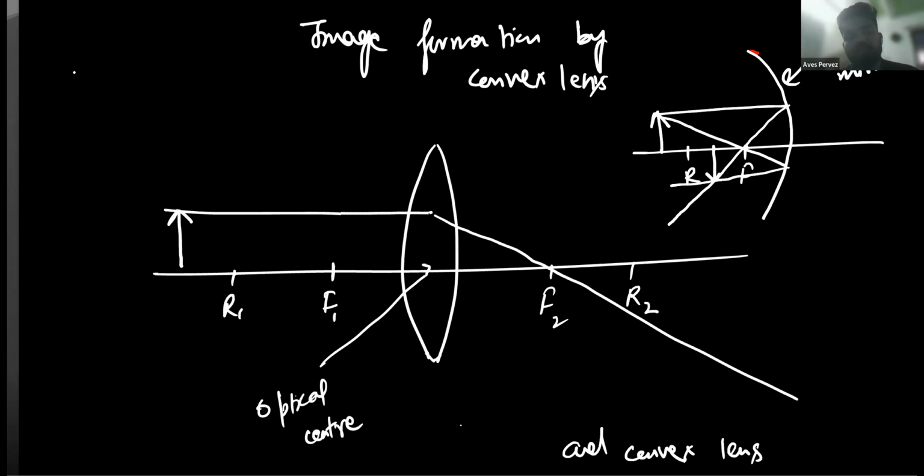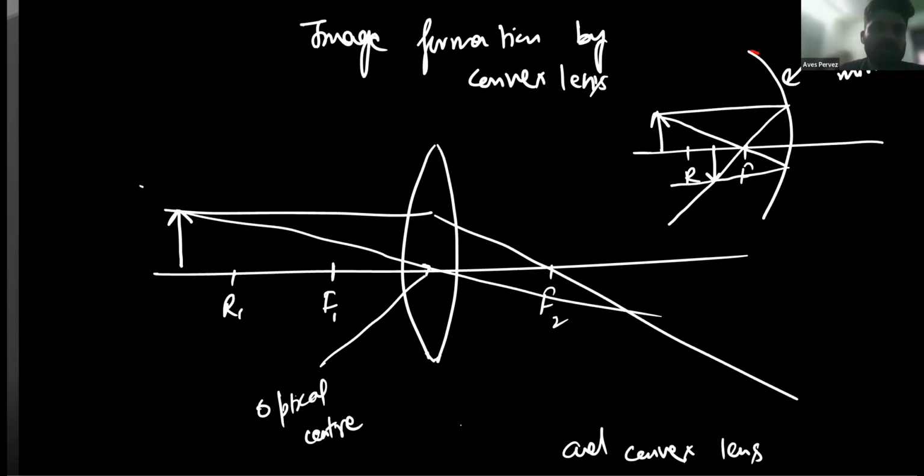When a ray passes through the optical center, it goes straight without bending. This is not an accurate measurement, that's why I'm just putting it here.